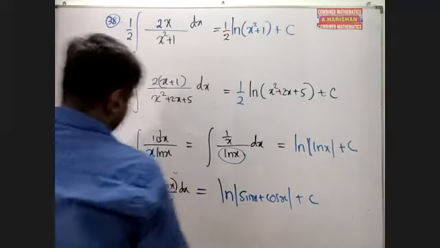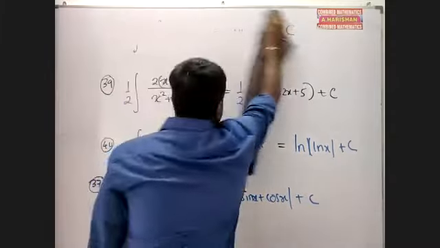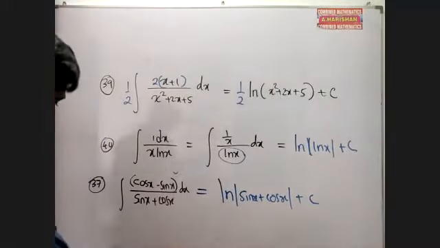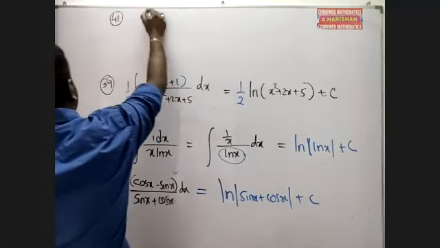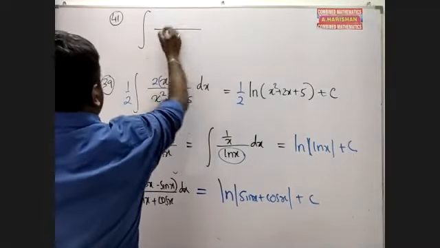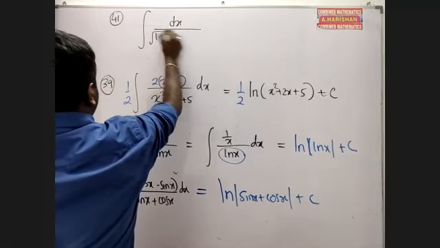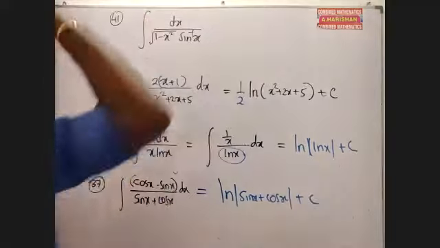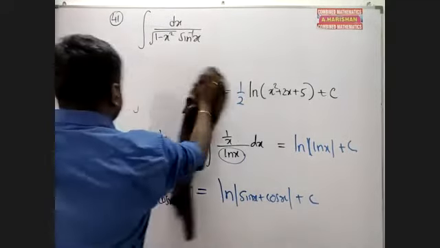So hopefully I erase this. We'll start, so further we will do. So 41, let's see. Integral dx over square root of 1 minus x squared into sine inverse x. Let's see. 42, I erase this one.